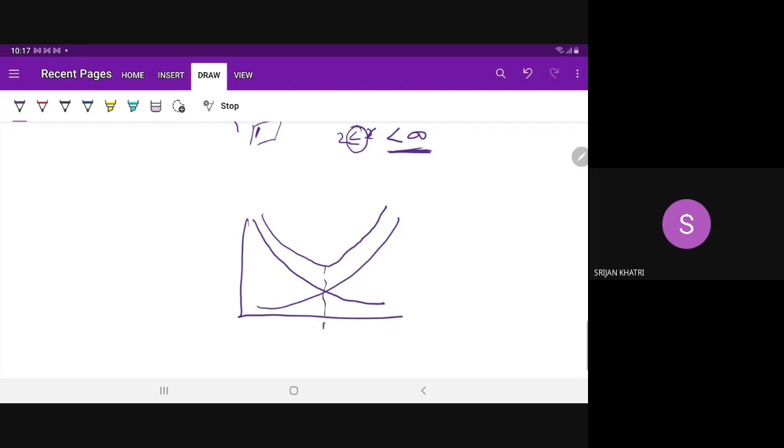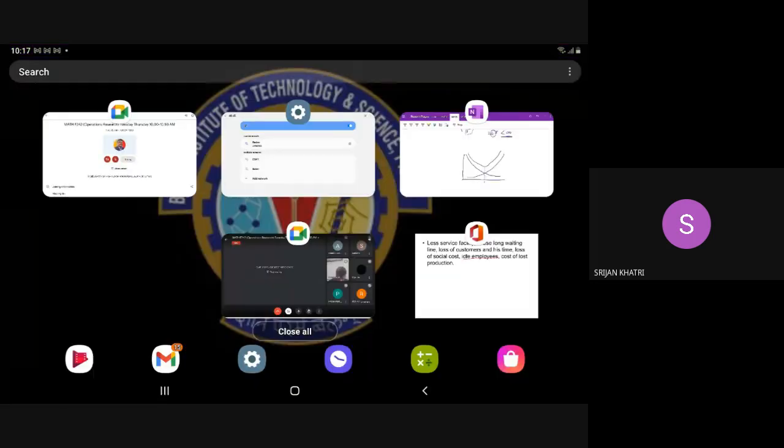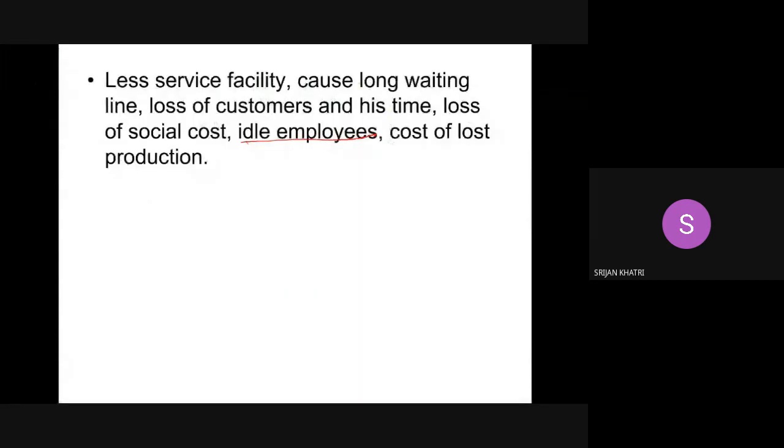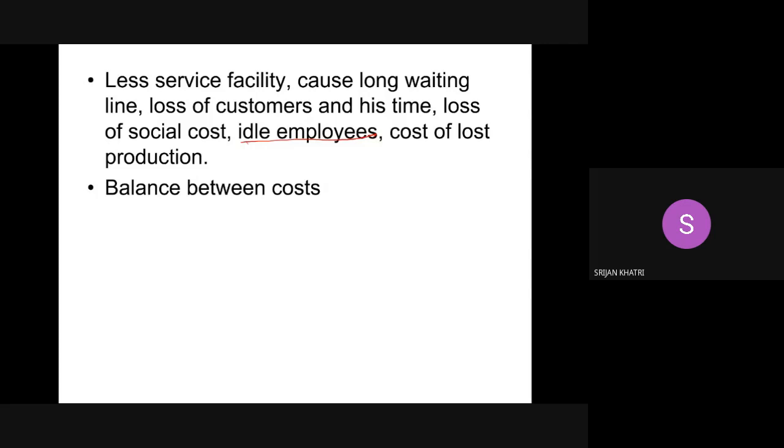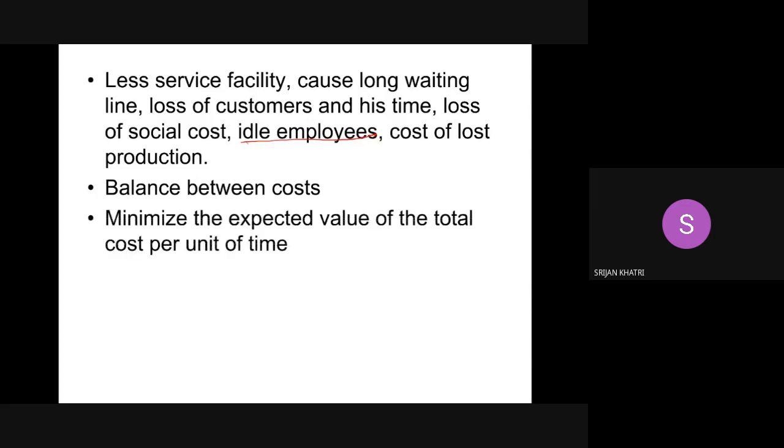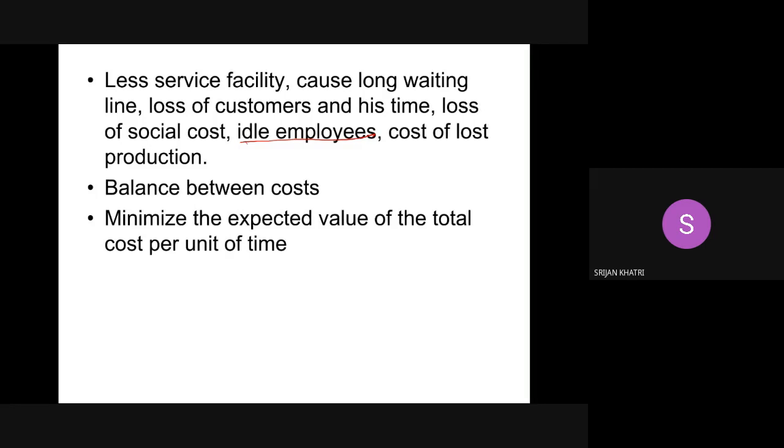Total cost means the sum of service cost and the waiting cost. That is what we do in this chapter. We have to make the balance between the costs, and minimize the expected value of the total cost per unit time.